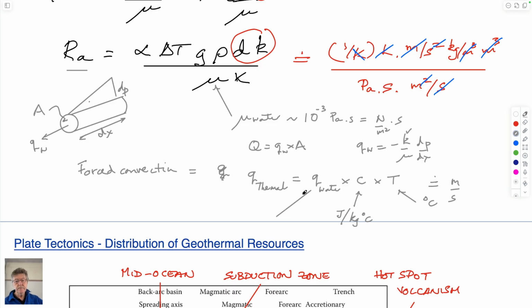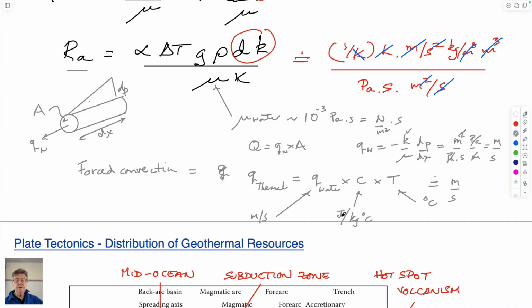And it has to be that because of Darcy's law. This is units of meters squared, pascals over Pascal seconds over meters, so this is a velocity, meters per second.